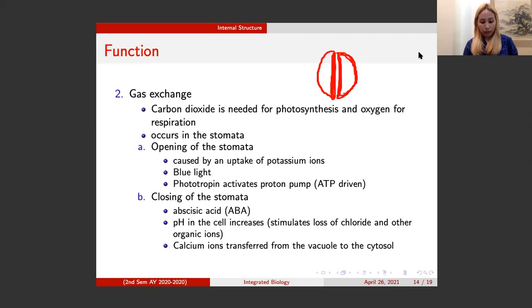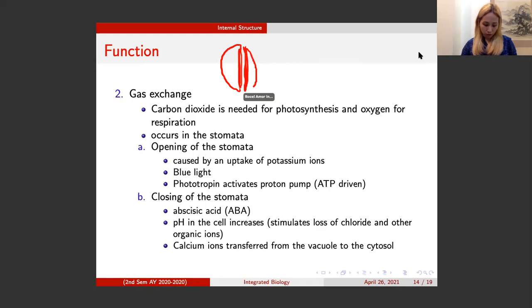But when the guard cells are full of water, right? Parang balloon. Yan, no? So, nag-e-extend siya. And because mas makapal yung wall sa loob, okay, gawin natin mas makapal. Yan. Mas makapal yung walls inside the guard cell.